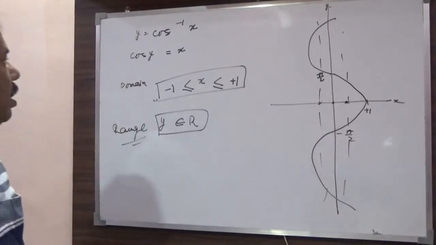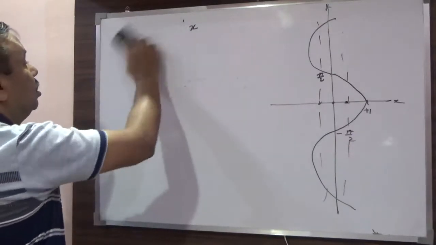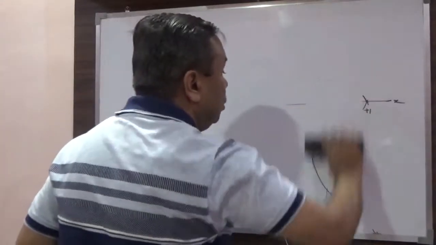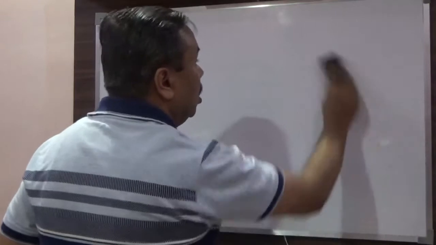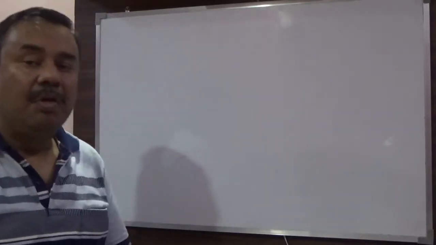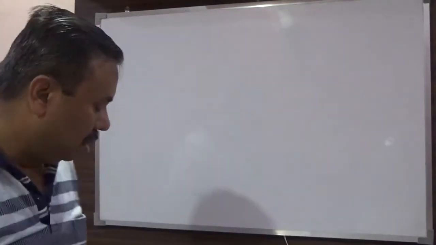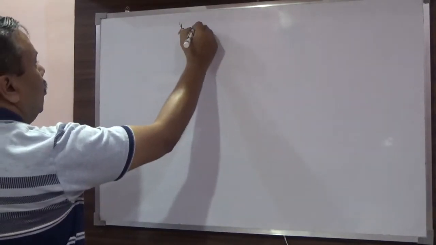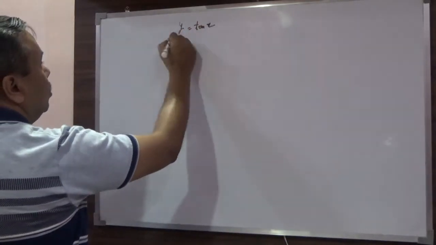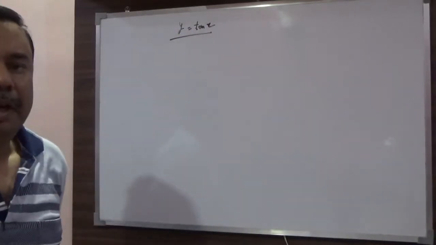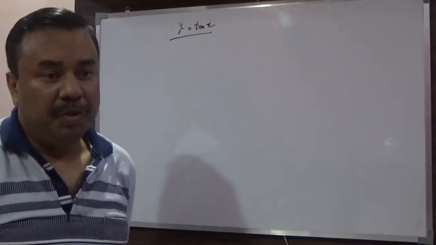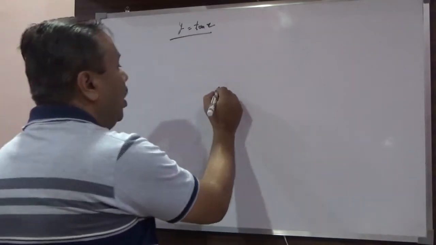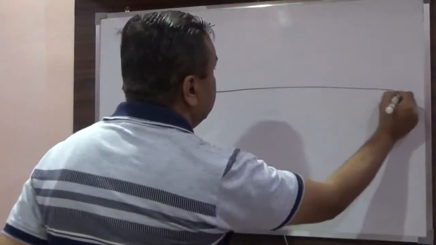Okay, now in case of tan inverse, first I will recall what the graph was when I took the direct function, not the inverse. So the direct function was what? y equal to tan x. In such a case, what was the graph and how was the value moving?